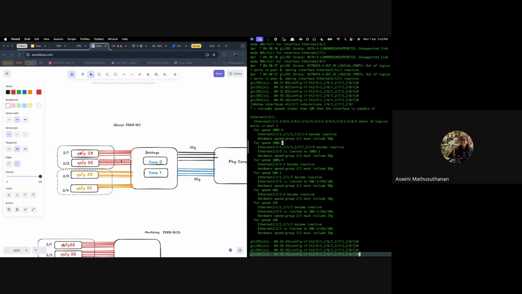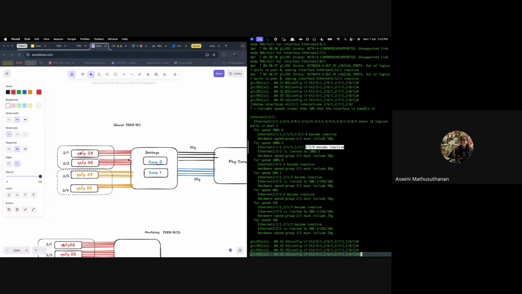Because 2/1 is there, 2/2 goes inactive. But we have just used 2 links of the SERDES, so we also have the option of 2/3 coming up. That is why we see 2/2/3 is limited to 100 gig. Just in case 2/2/3 uses that, then 2/4 will go inactive. That's the reason it says 2/2/4 becomes inactive.